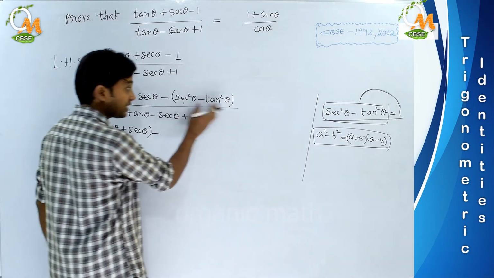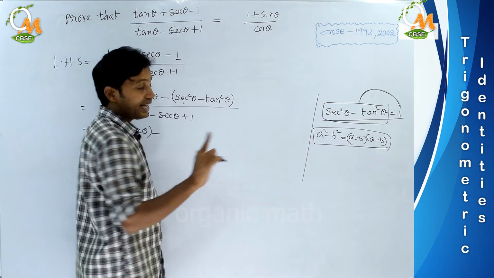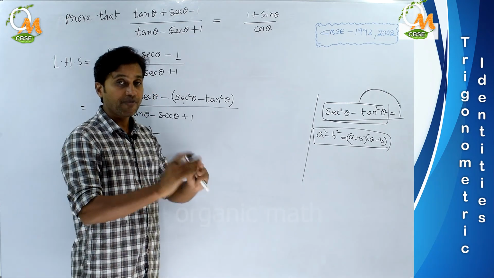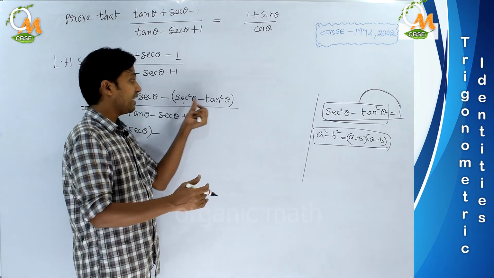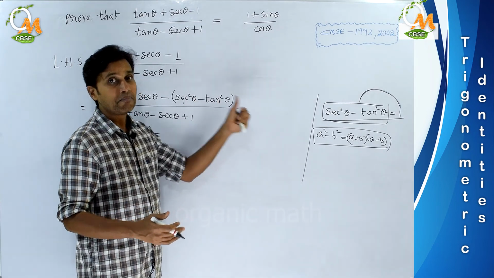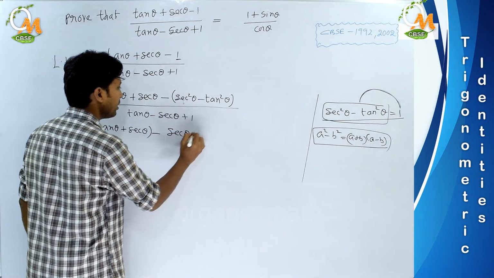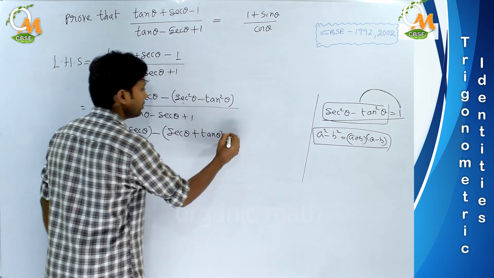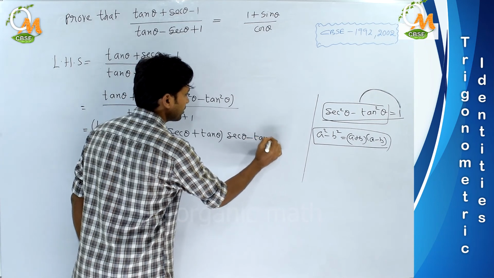If you consider secant theta as a and tan theta as b, so this is in the form of a square minus b square. So it can be further split into a plus b into a minus b. That means secant theta plus tan theta into secant theta minus tan theta. Let us write it down. Secant theta plus tan theta into secant theta minus tan theta.